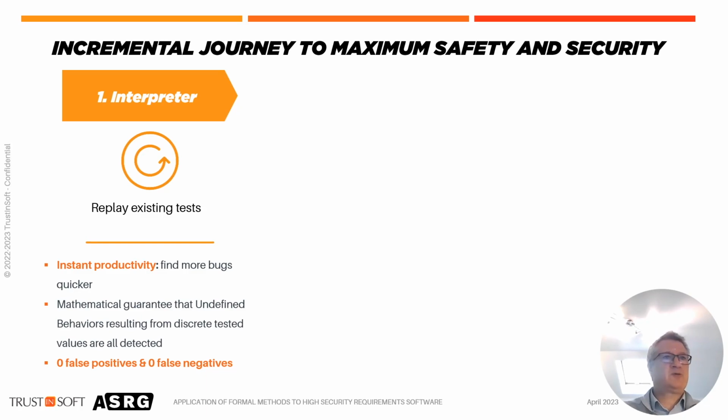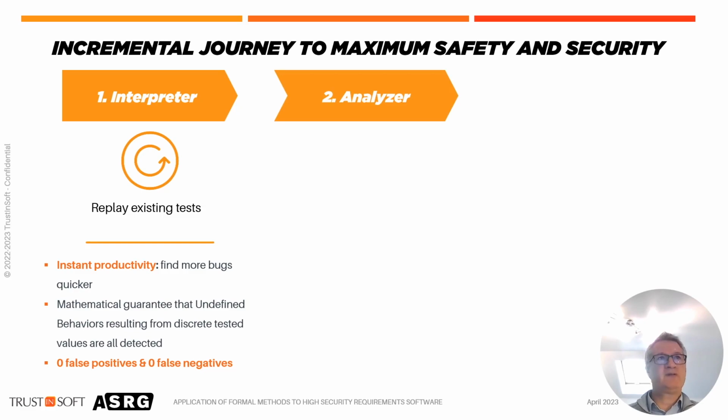So you get 0 false positives and 0 false negatives. All the problems found are truly problems. And by the way, since we focus on bugs and vulnerabilities, your developers will not be flooded by thousands of issues. In general, we are quite selective, and we report real problems, but not too many of them.